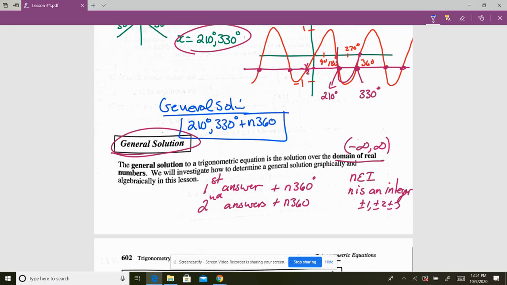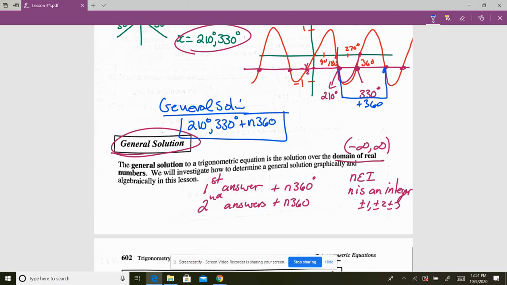Let's just say n is 1, you're adding 360 degrees. You add 360 to this, you get this one. If you add 360 to that, you get that one. If you had 720, you'd get the one that's out here, et cetera, et cetera. Or if you had negative ones, you get all those answers. That's all you're doing for the general solution, is you're adding multiples of the period.